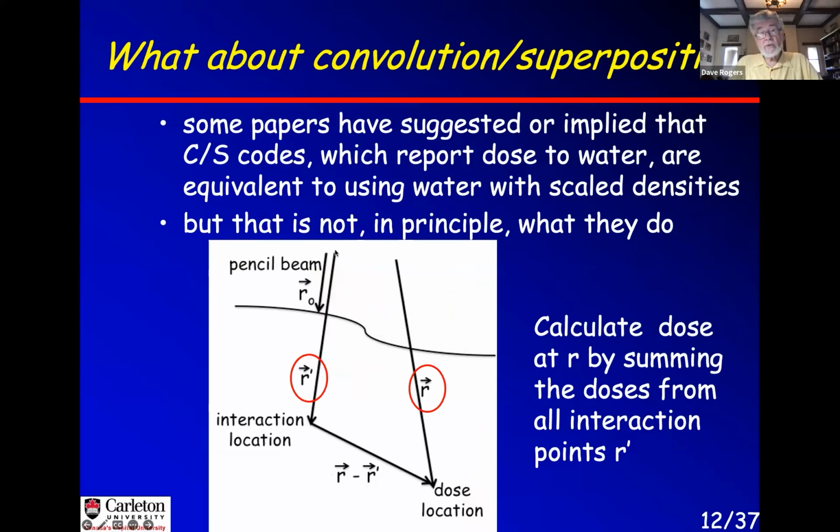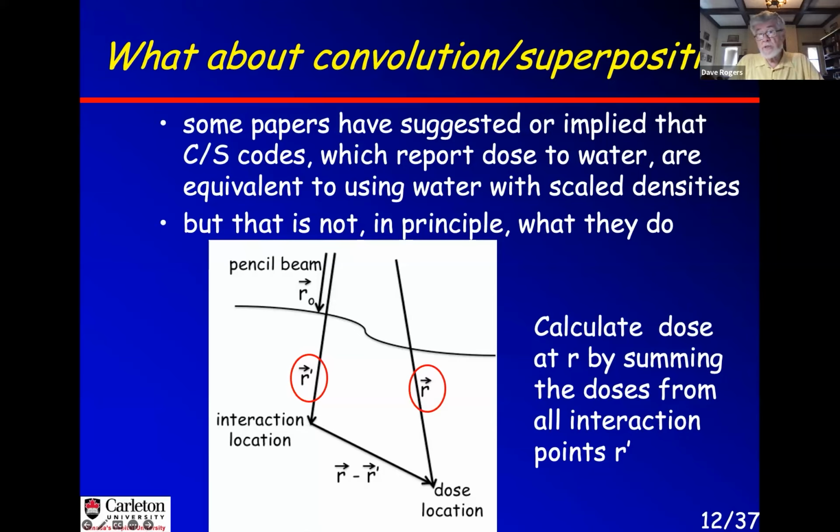And in this case, we've got the beam coming in along this line here, and we're talking about the point of interaction where the beam interacts with the patient or the phantom. And we're talking about the dose location defined by R in this notation that I am going to use.